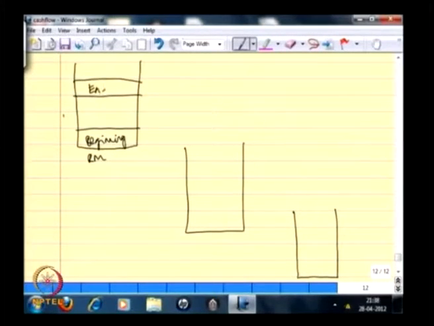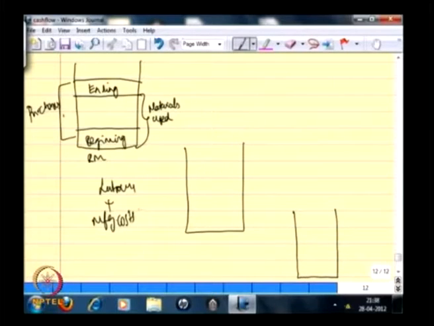Let us say this is the ending inventory, you make some purchases and then you use these materials and in the process you are also probably consuming some labor plus other manufacturing costs, let us assume. This also gets into the process.